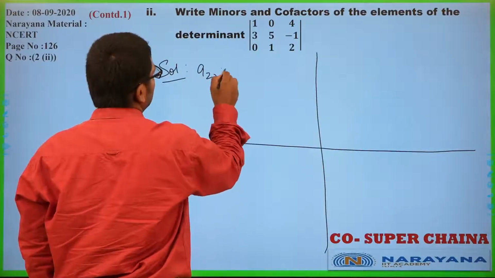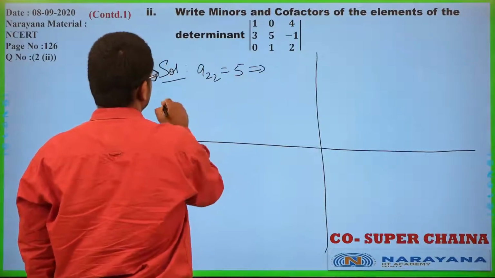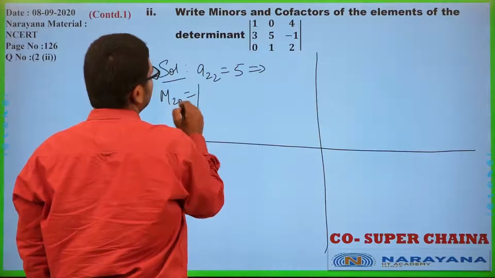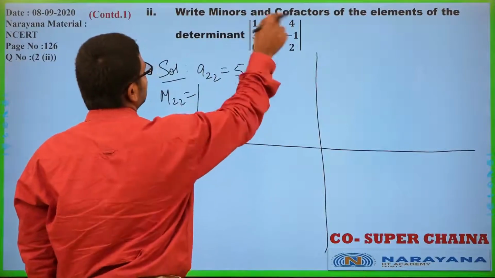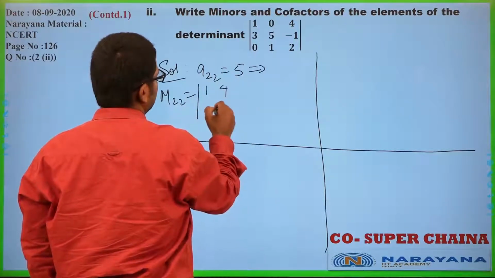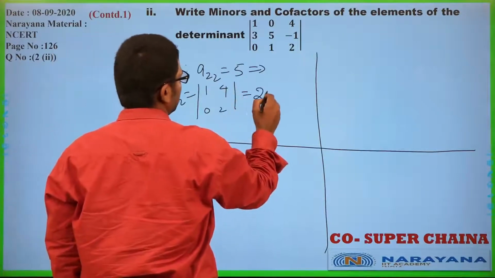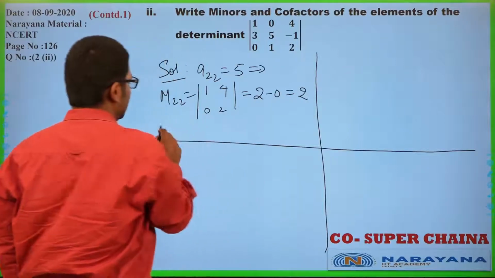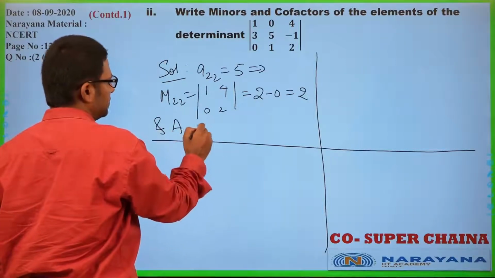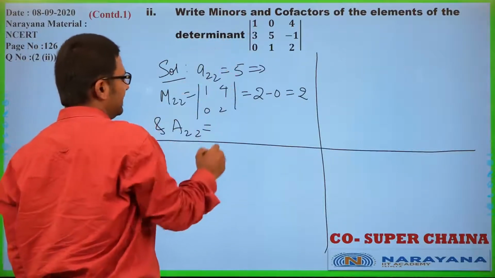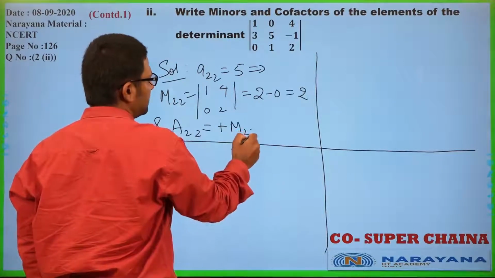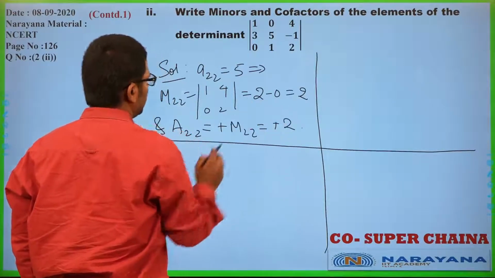Then A22 is the element 5, which means capital M22 is a determinant 1 4 0 2, which is 2 minus 0, so 2, and capital A22, right? Center of the determinant will be plus M22, which is plus 2, right?